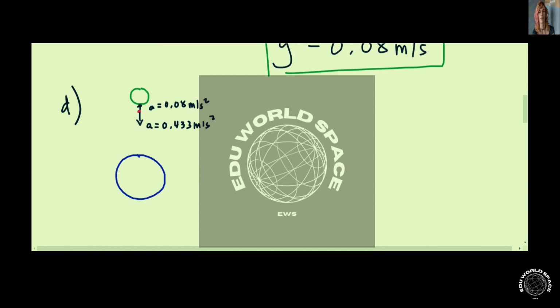And so the object as well, since it's associated with Miranda, is also doing a circular orbit about Uranus. And so this acceleration, 0.433 meters per second squared, just goes into creating that circular motion about Uranus.